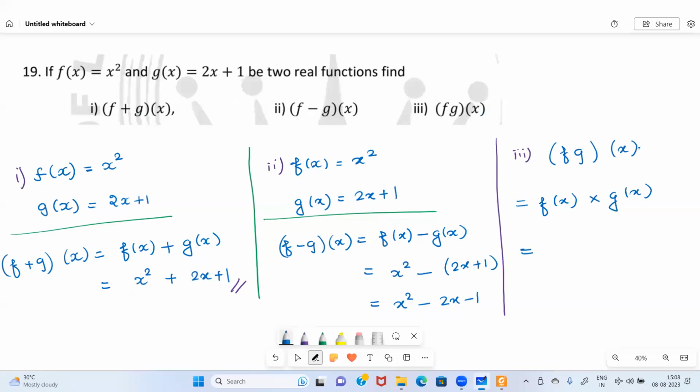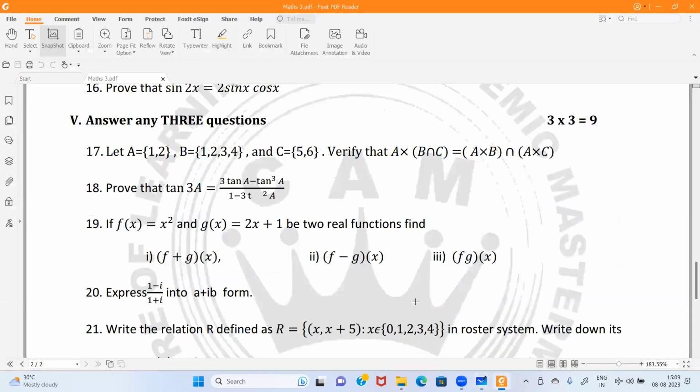What is f of x? X square into g of x, 2x plus 1. Just multiply, students. X square into 2x, that would be 2x cube plus x square into 1, that will be x square. Therefore, the answer will be 2x cube plus x square. I hope it's very clear to you, students. We will move on to the next question.